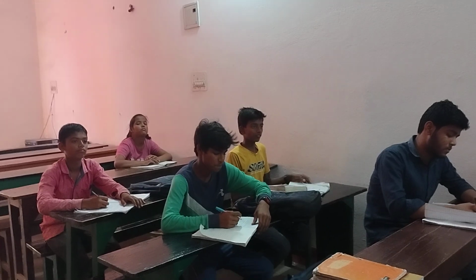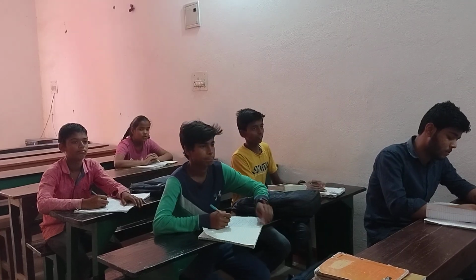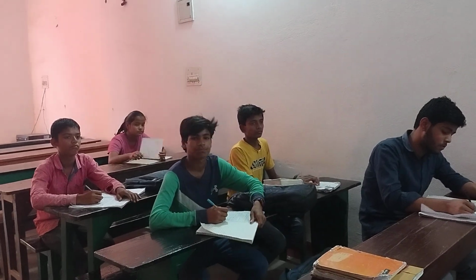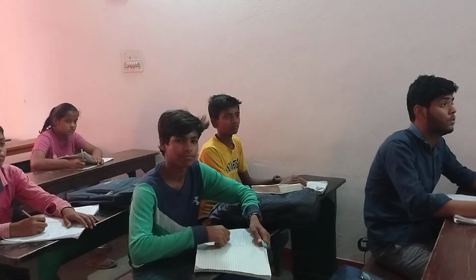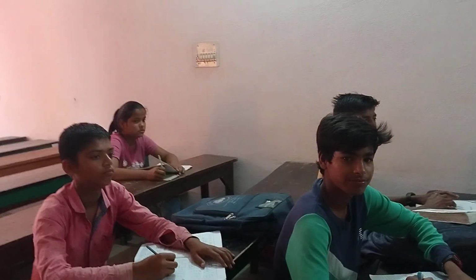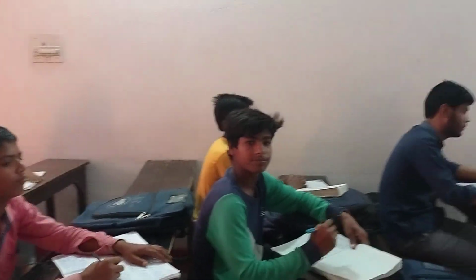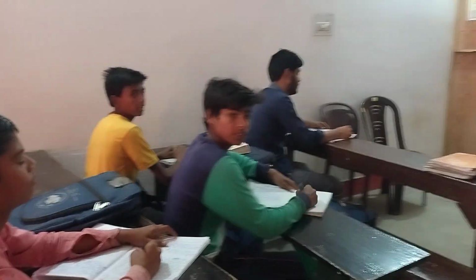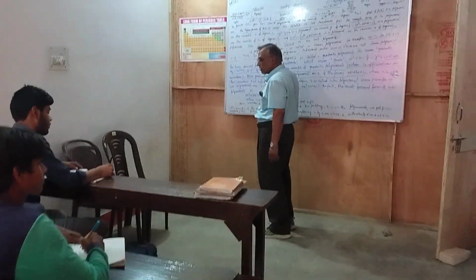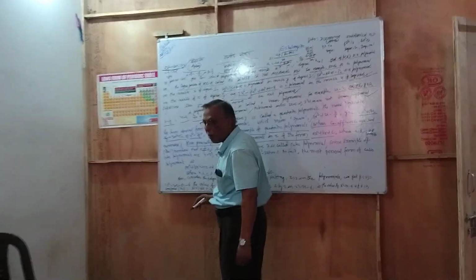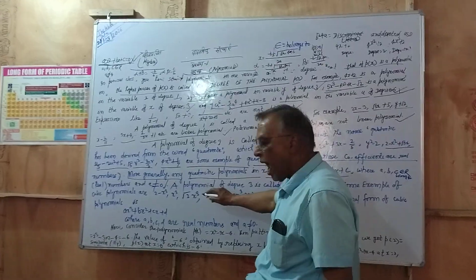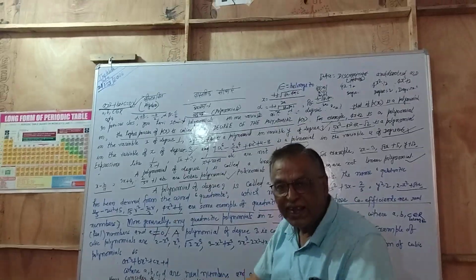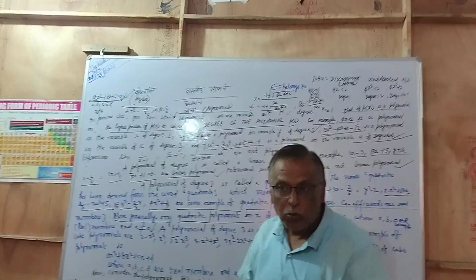Any quadratic polynomial of x in this standard form, ax square plus bx plus c is equal to 0, where a, b, c belong to R, real numbers and a is not equal to 0, is the standard form of a quadratic equation.